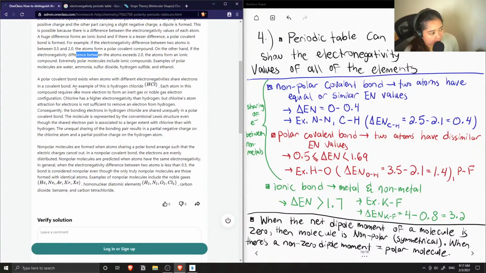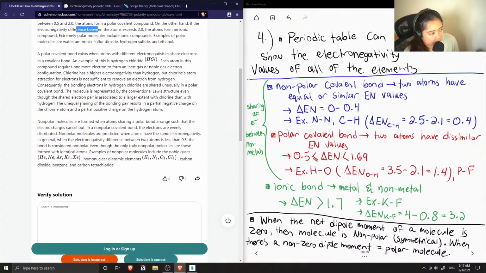Okay, so they go on to talk about an example with hydrogen and chlorine, and how the unequal sharing of the bonding pair results in a partial negative and partial positive charge.